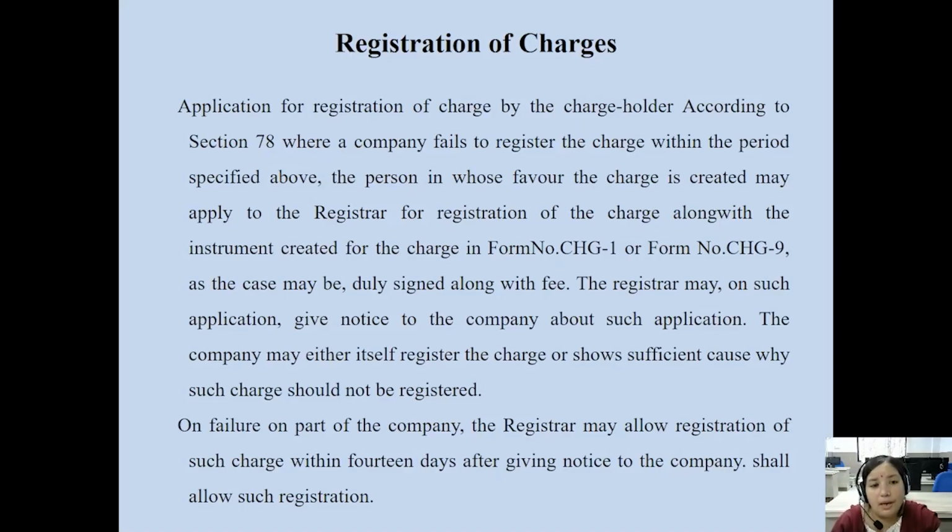So you have to give an application as a charge holder for the purposes of registration of the charge, and that is to be given by the charge holder who holds the charge.